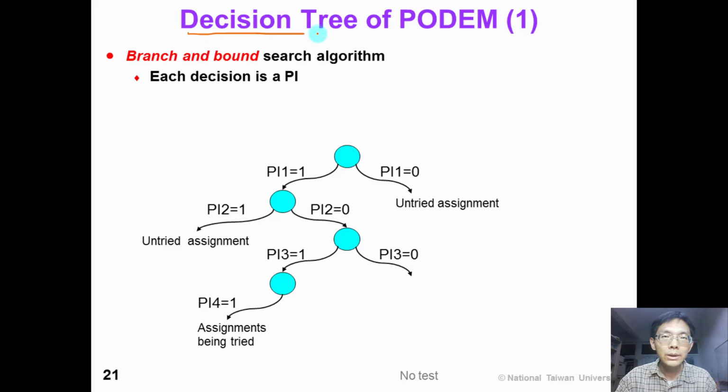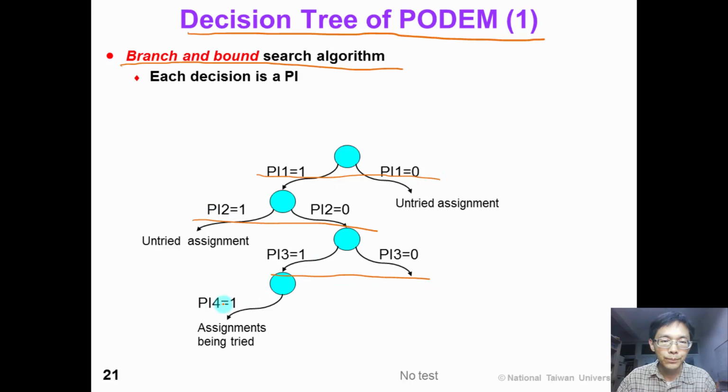Now, let's look at the decision tree of the PODEM algorithm so that we can understand why it's a branch and bound search algorithm. In the decision tree of PODEM, every decision is a primary input. So let's say initially PI1 is 1, PI2 is 0, PI3 is 1, and PI4 is 1.